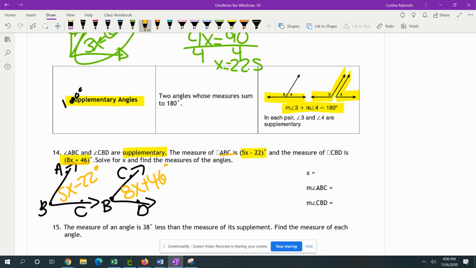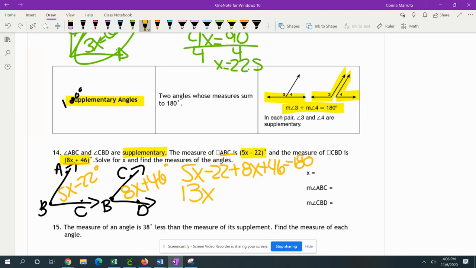So these two angles, since they're supplementary, that means that they need to add up to 180. So I'm going to go ahead and add them up. So we have 5x minus 22 plus 8x plus 46. This is equal to 180. Okay, so 5x plus 8x together, that gives us 13x.